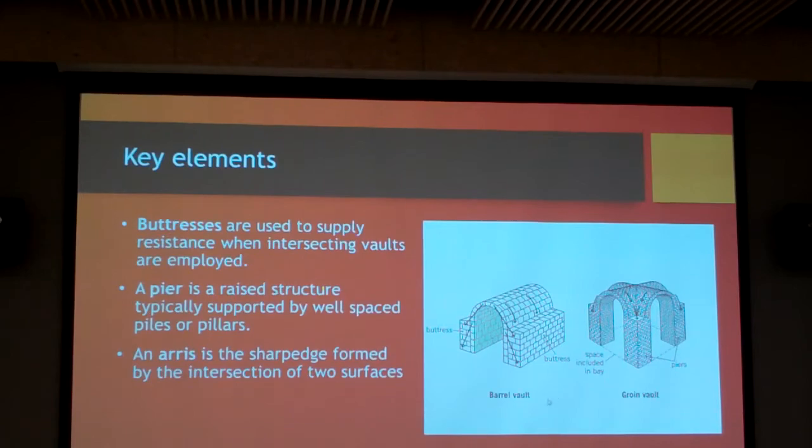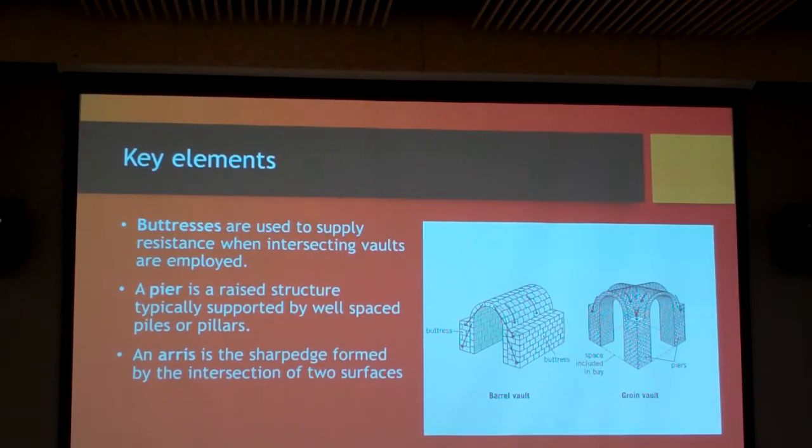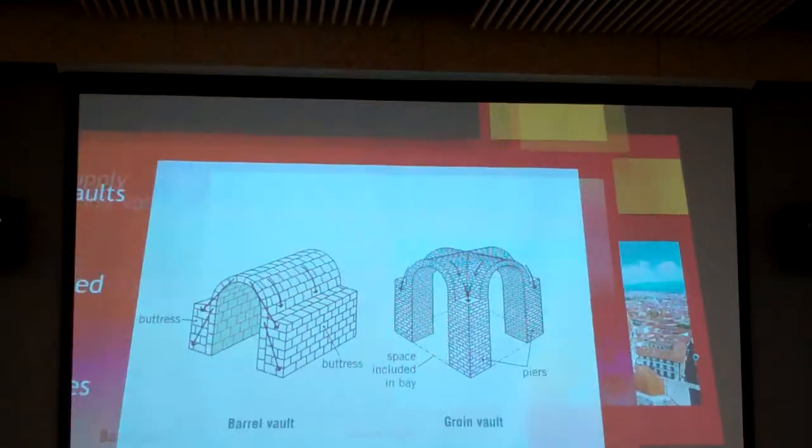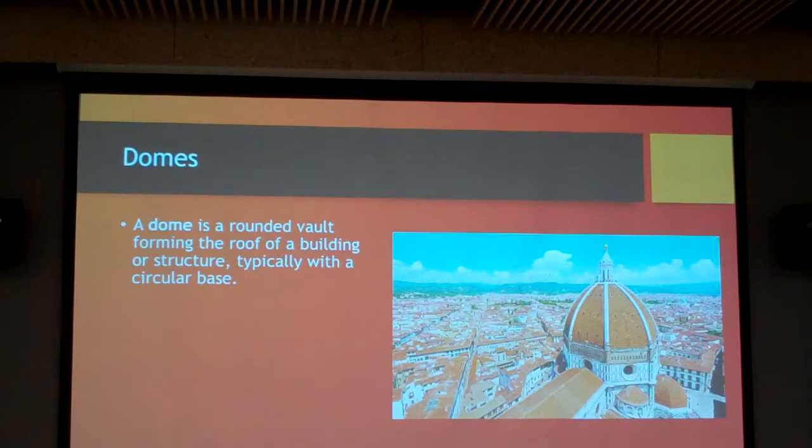And then the arris is the sharpened form at the intersection of two surfaces. So like here it would be this line, or it could be in between the buttress and the arch, or the vault.